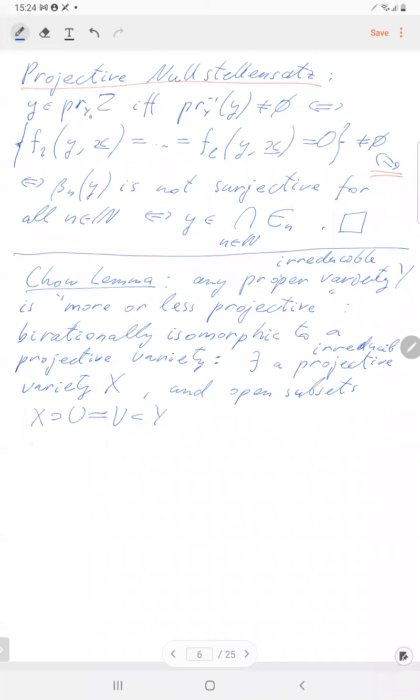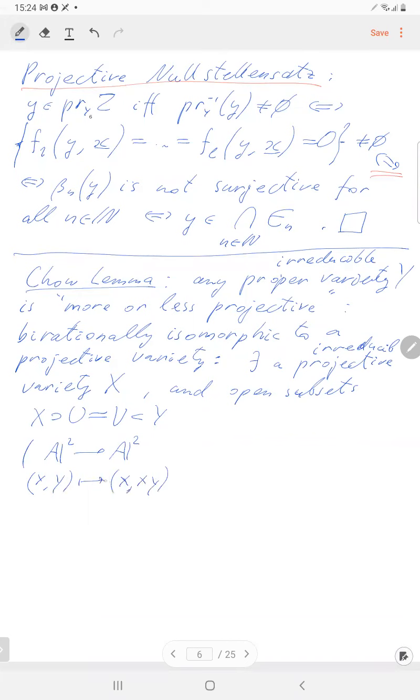For example, we had this projection from A2 to A2, (x, y) went to (x, xy), right?